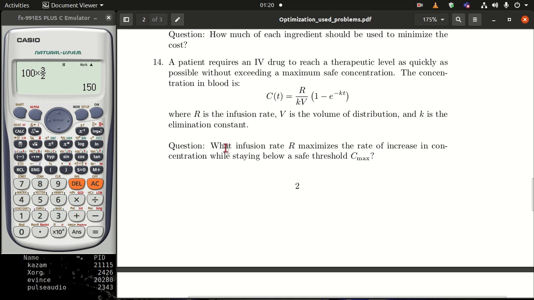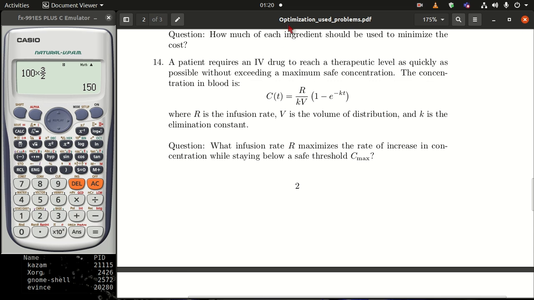The question is saying what infusion rate R maximizes the rate of increase. So the rate of increase, what are we trying to maximize here? We are given this concentration here. There are no intervals, there is nothing. So we're only given this and there is nothing else that is given.